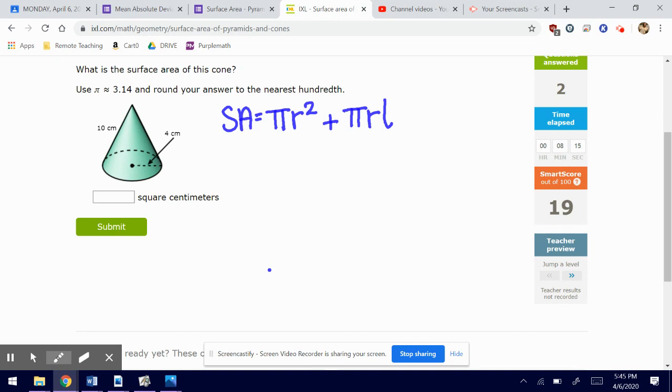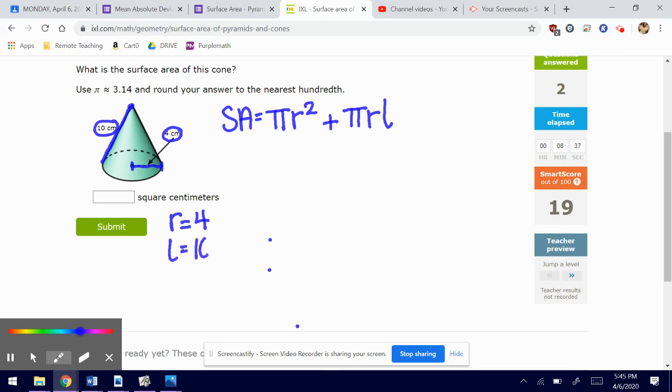So here's the radius from the edge of the circle to the center of the circle, and they're telling me that's 4. So my R is going to be 4. And then my L is my slant height, which goes from the very top tip point down to the edge, and that's going to be 10. So my L is 10.